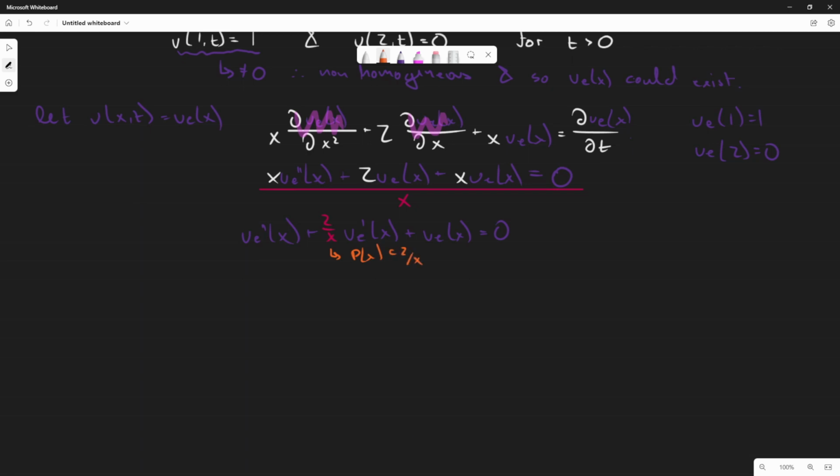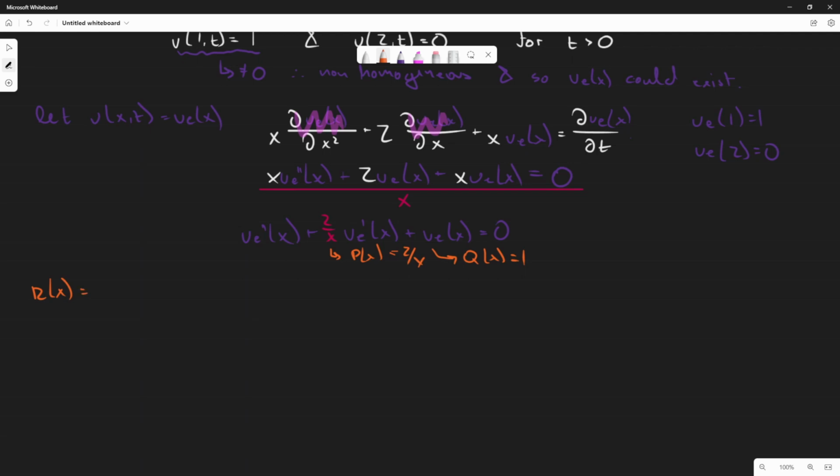And then q of x will be just 1 because the only thing in front of the u_E of x is just 1. Cool. And so now we're going to find what r of x is and hope that it gives us a constant so we can use that special case.